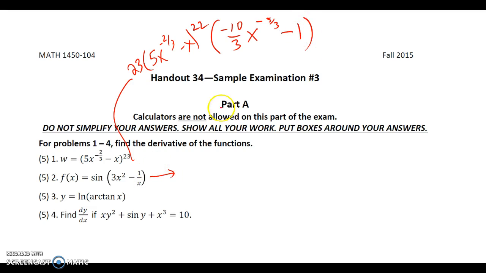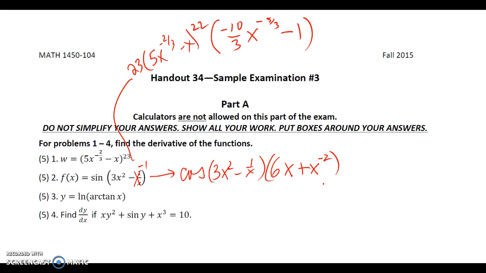This one will be, I'm going to write this as x to the minus 1. So the derivative of sine is cosine, same inside. Then take the derivative of the inside, which will be 6x, all right, minus, I bring the minus 1 down in front, it becomes plus x to the negative 2.